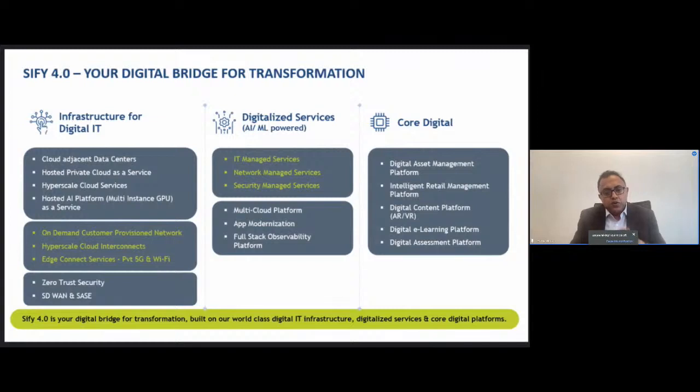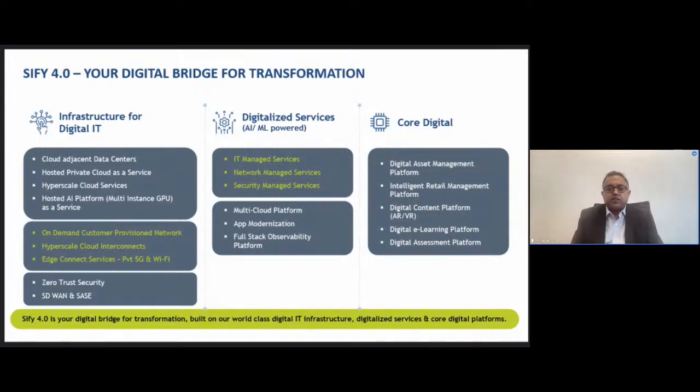And that's where in managed services, which is digitized for us, we focus first on the as-is, or the BAU, as we call it, and then gradually bring the transformation as a partner, as a journey with you. That's the middle layer, and that's the most important layer after we create the foundation.